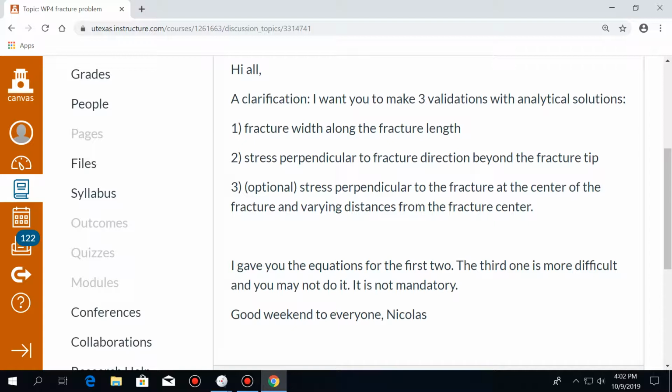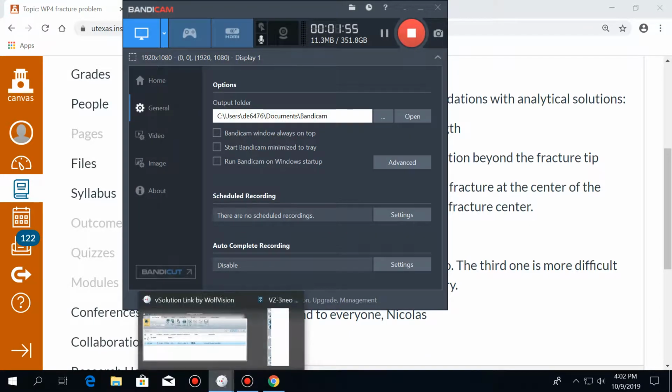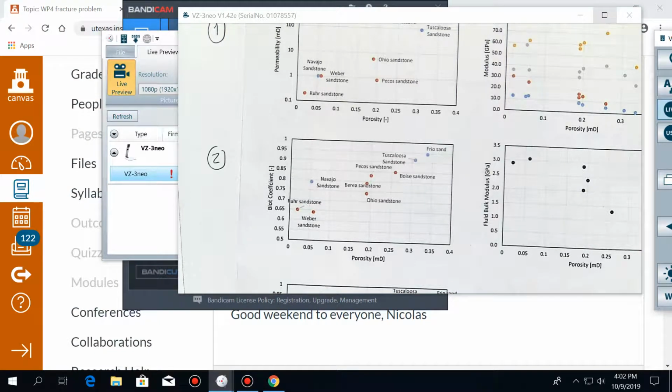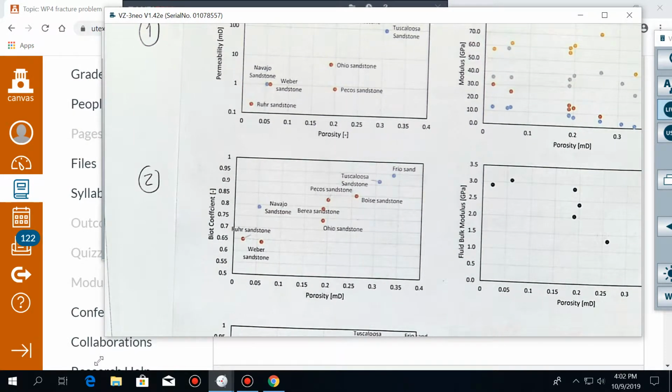The first one is a validation of the fracture width. Basically, you are going to get that by comparing the displacement at the fracture boundary in your model with the analytical equation.